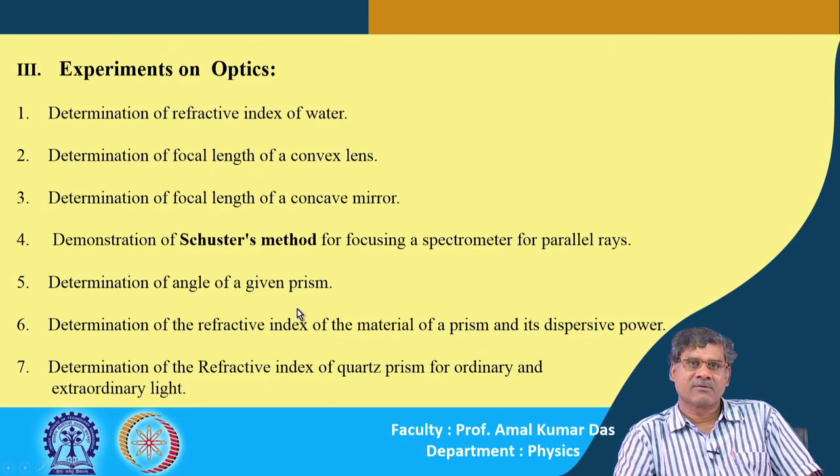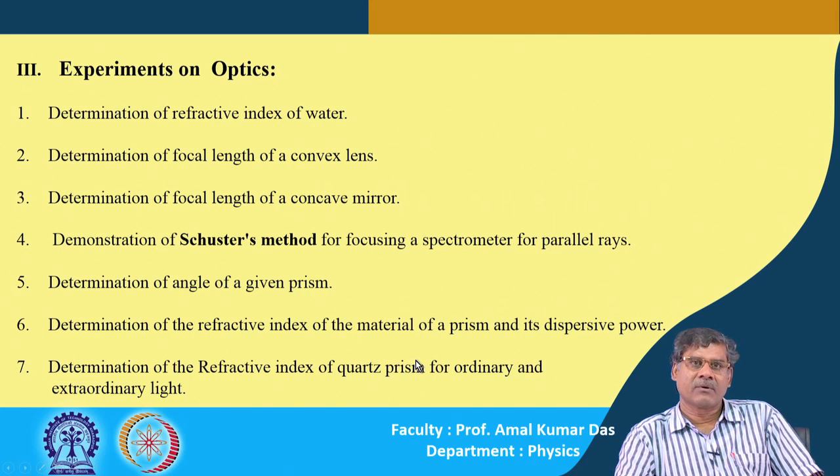Then we will demonstrate how to determine the angle of a given prism. If a prism is given to you, how do you find out the angle of this prism? Then we will discuss how to find out the refractive index of the material of the prism and its dispersive power. Then we will demonstrate how to determine the refractive index of a quartz prism for ordinary and extraordinary rays.